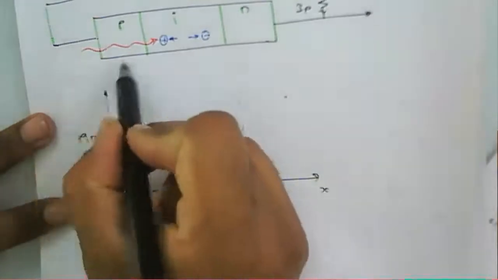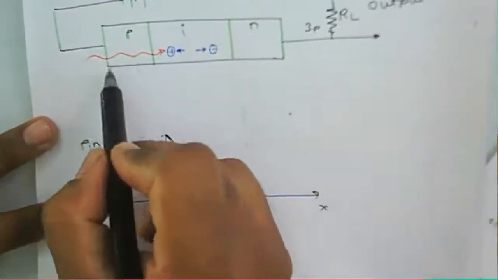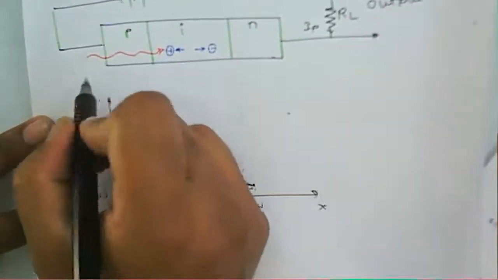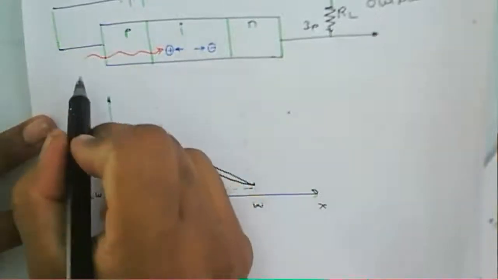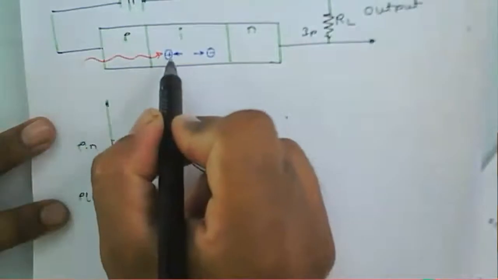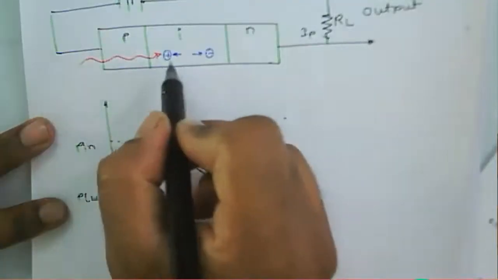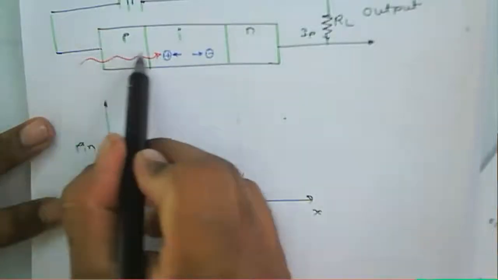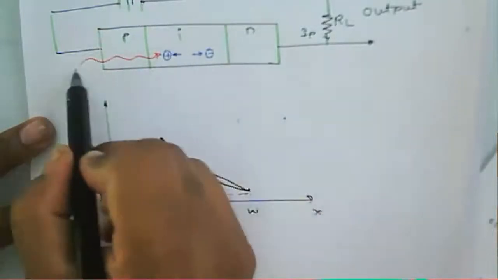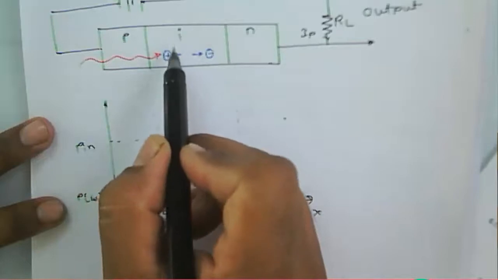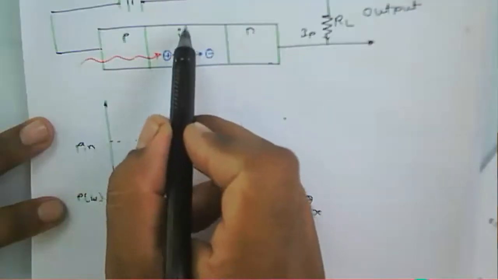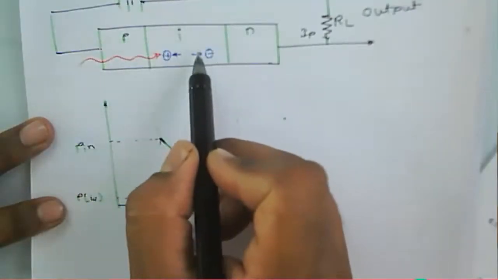This we can say is a photon flux. Consider the photon flux or photons emitted from this particular fiber. When photons fall on this detector, they will be propagating through the layer and will reach this intrinsic layer.